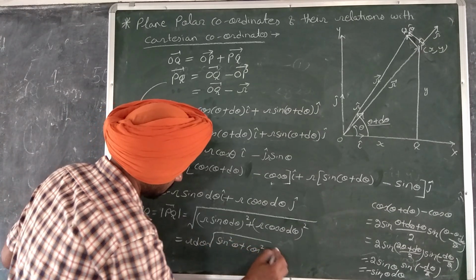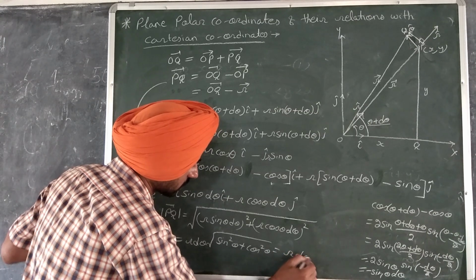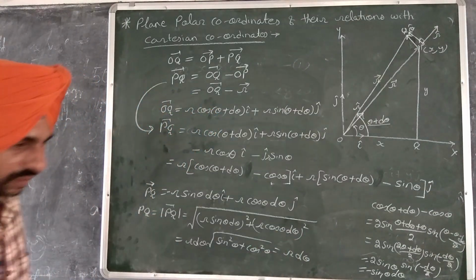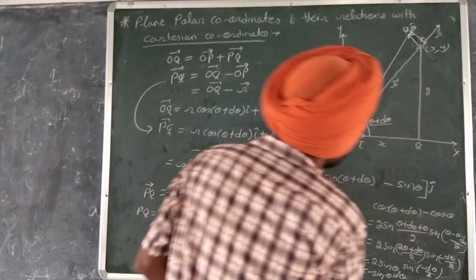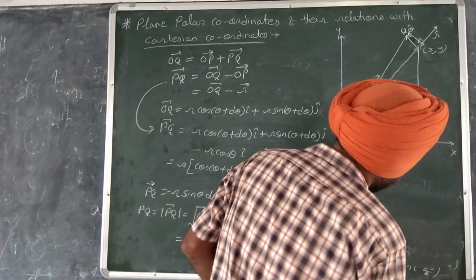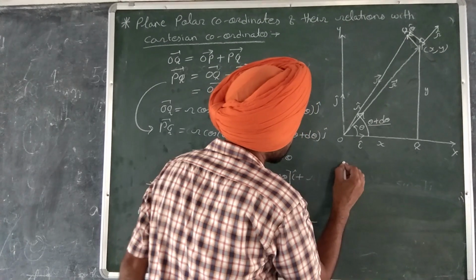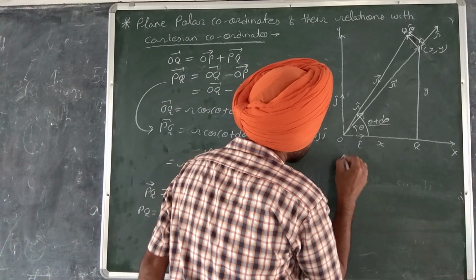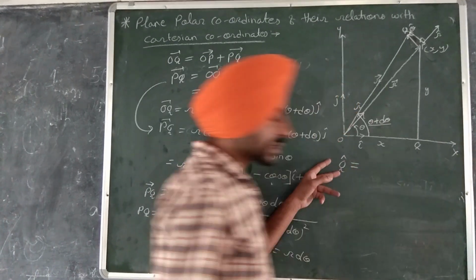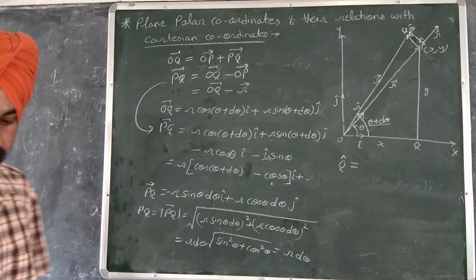So R d theta is the magnitude. Now we will find the unit vector. As we found for r cap, now we will find the unit vector for theta cap. The unit vector is always the vector divided by its magnitude.